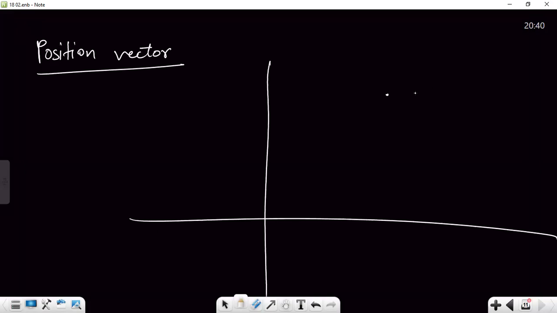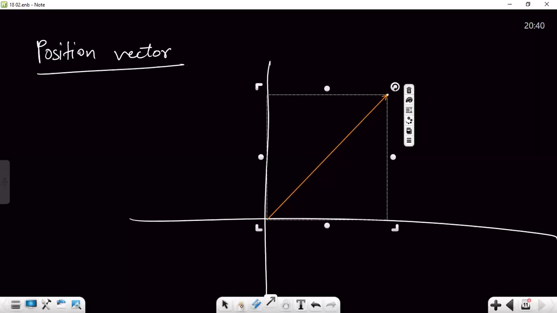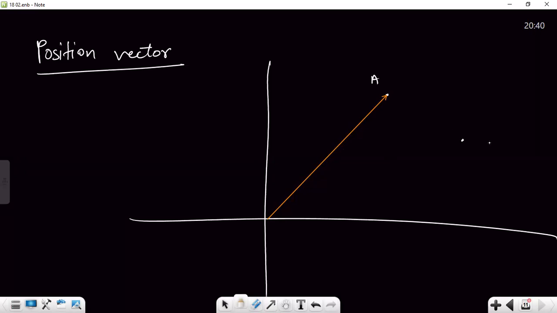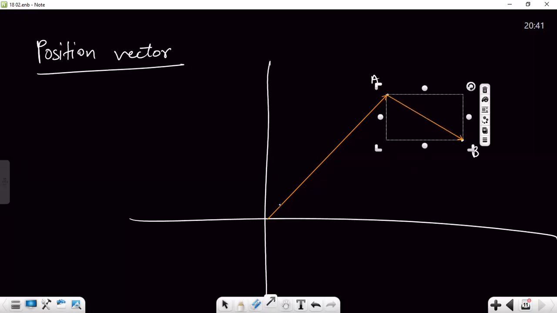So when we say any point, we always calculate the point from the reference of the origin, and that becomes our position vector. But if we are talking about 2 points, A and B, and the vector from A to B, then how do we find out this vector?